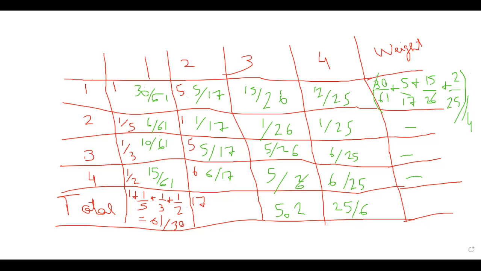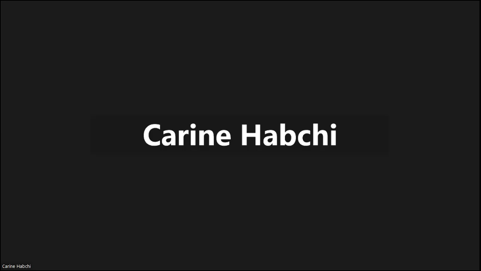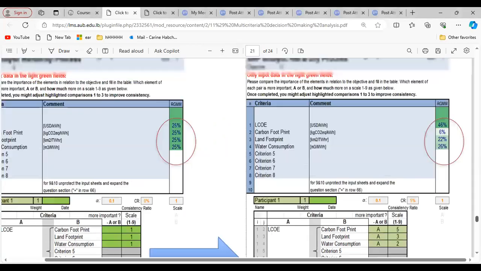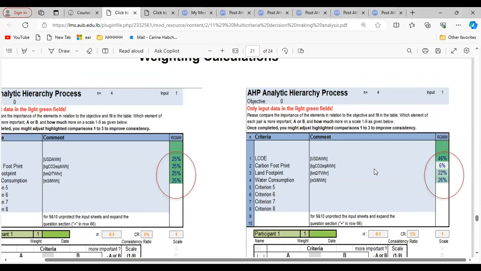Okay. So if we share again the table they provided, this is the result. So you can see it again.